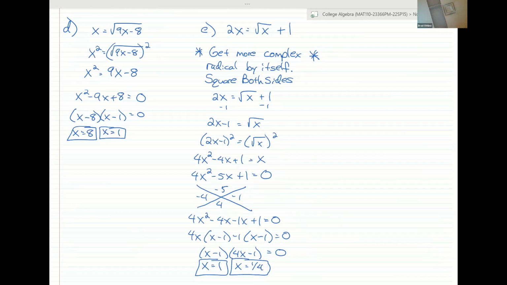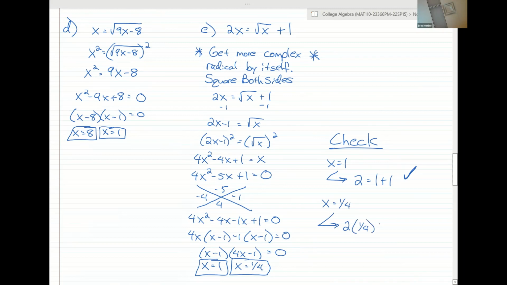Let's check this here. Remember, we're checking for extraneous solutions. Plug in 1, get 2 is equal to the square root of 1 plus 1. So that's fine. If you plug in 1/4, you get 2 times 1/4 is equal to the square root of 1/4 plus 1.